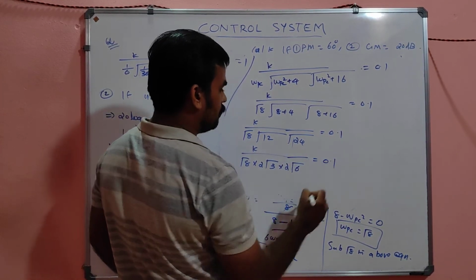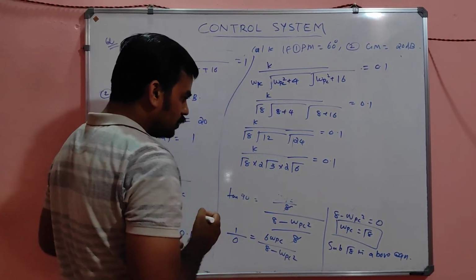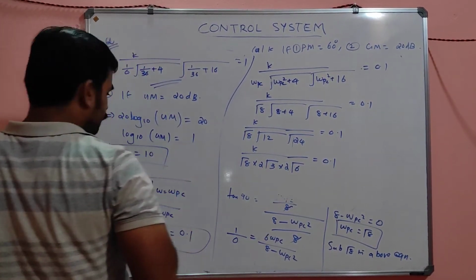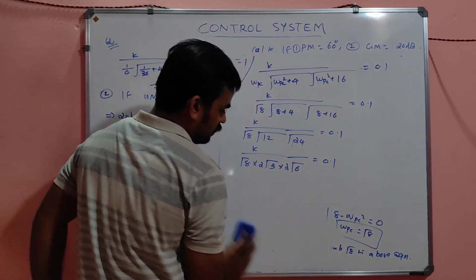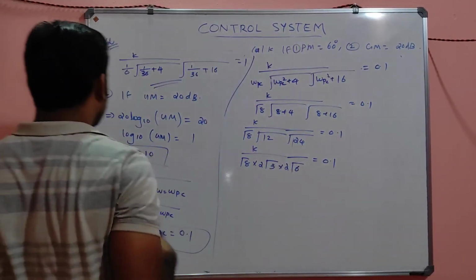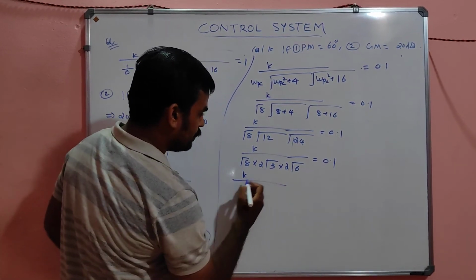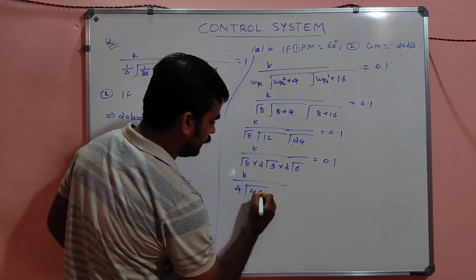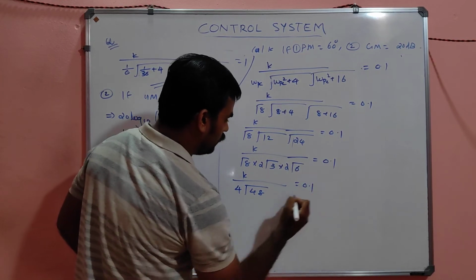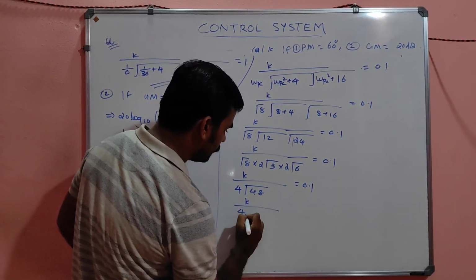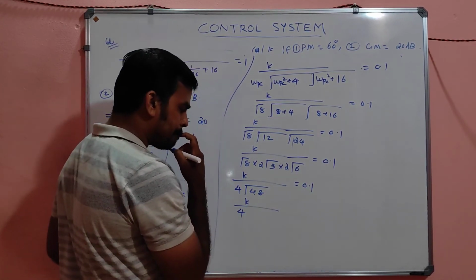Point 1. So it will become again, k divided by 4 into root of 48 equal to 0.1.